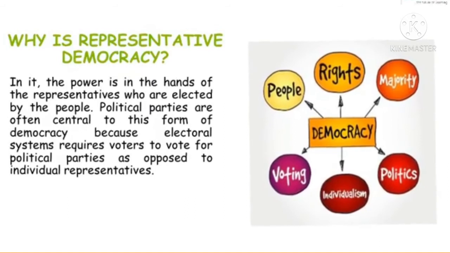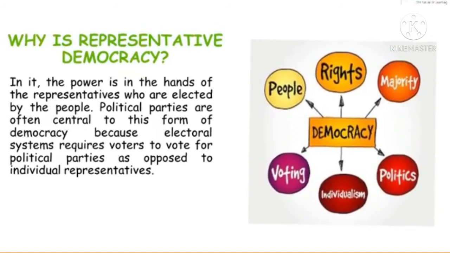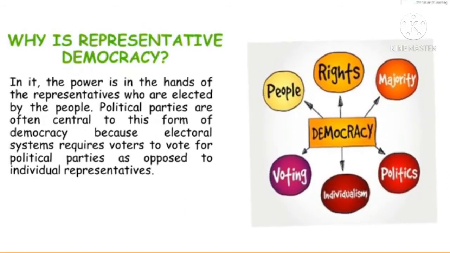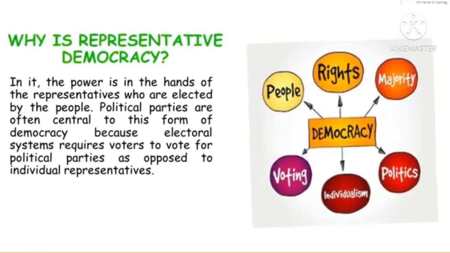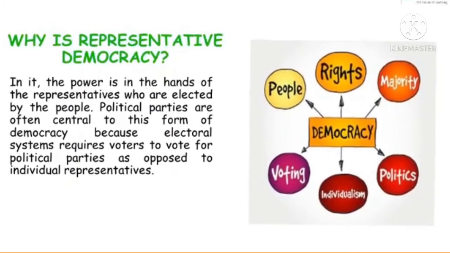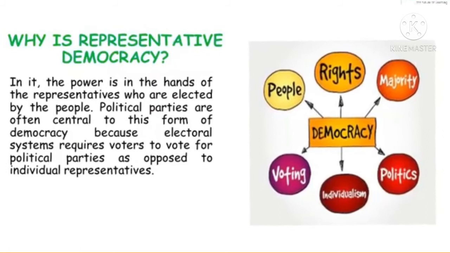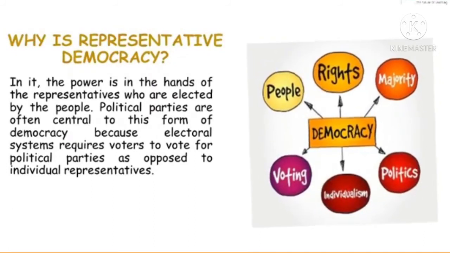In it, the power is in the hands of the representatives who are elected by the people. Political parties are often central to this form of democracy because electoral systems require voters to vote for political parties as opposed to individual representatives.